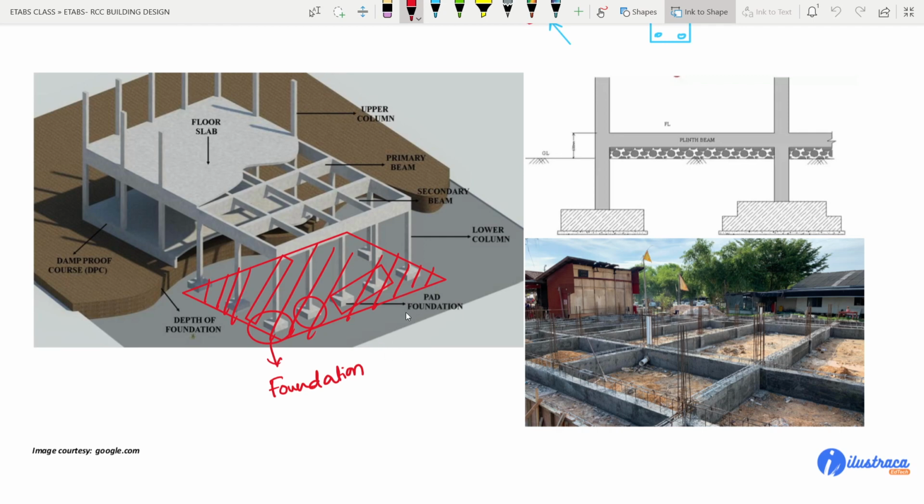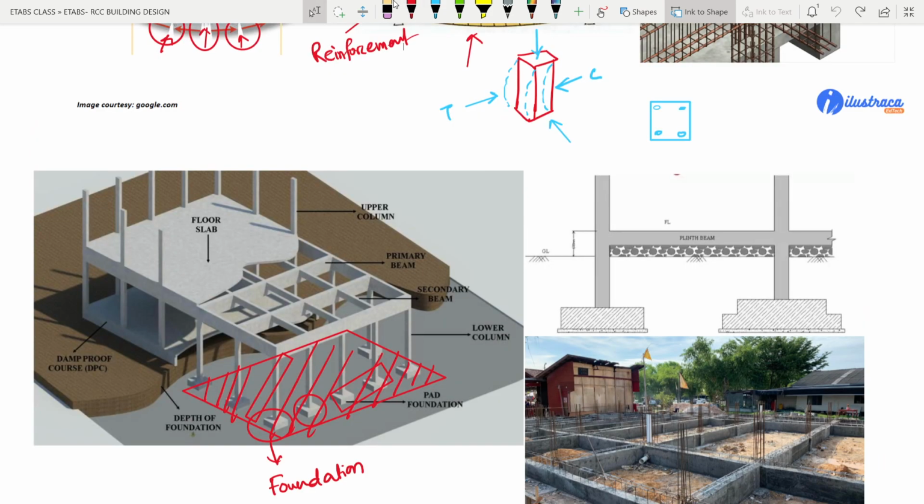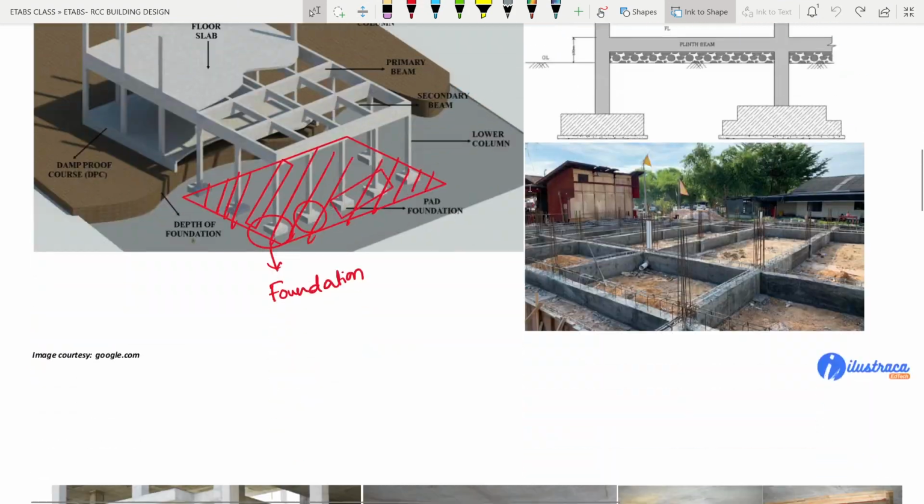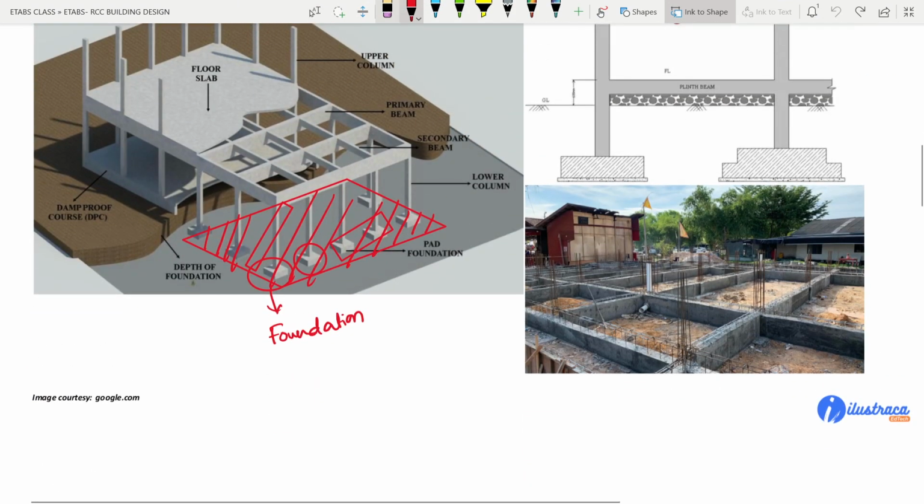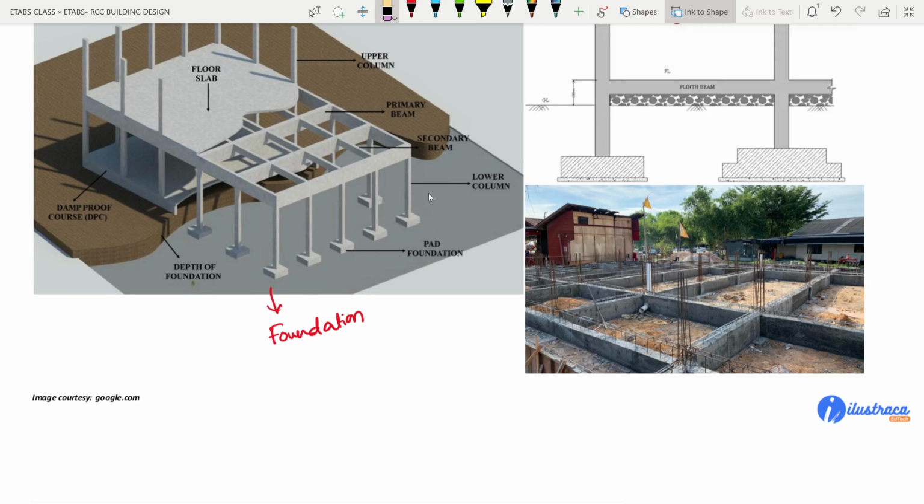But at the very bottom, what we construct for an RCC structure are called the foundations, and these foundations will be resting on the soil itself, right?